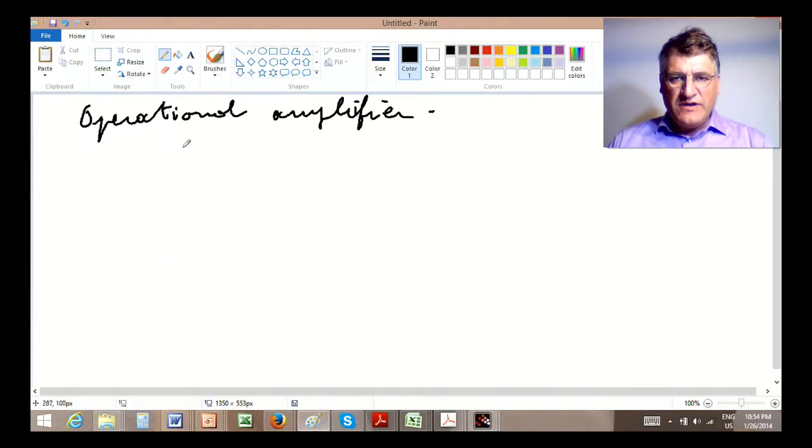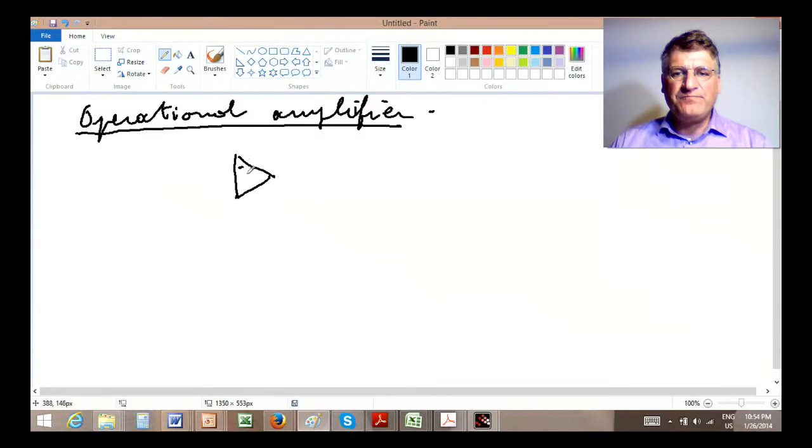The operational amplifier is represented as a triangle with inputs and an output.